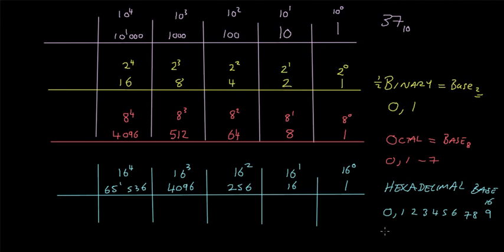But then we also have A, which is worth 10, B is worth 11, C is worth 12, D is worth 13, E is worth 14, and F is worth 15. So we can squeeze more numbers into a single column by having different characters. We could have gone on to more and more letters, but 16 is a convenient base because it fits in well with octal and binary.